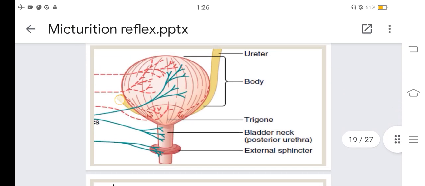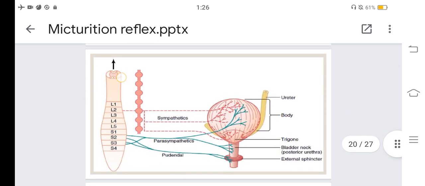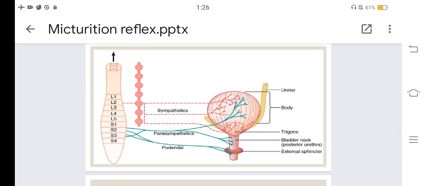Then here we could see the ureter, body region, trigone, then the bladder neck, posterior urethra, and the external sphincter is also shown. So sympathetic nerves are associated with this and parasympathetic nerves also make some connections, then pudendal nerves connect with this. The ureter region and body region are there.